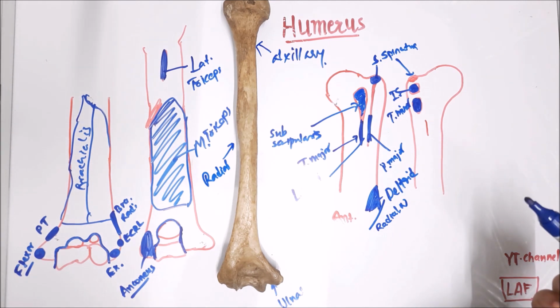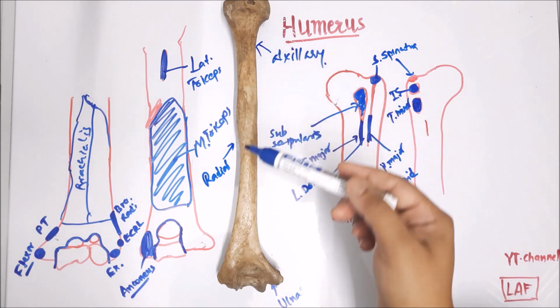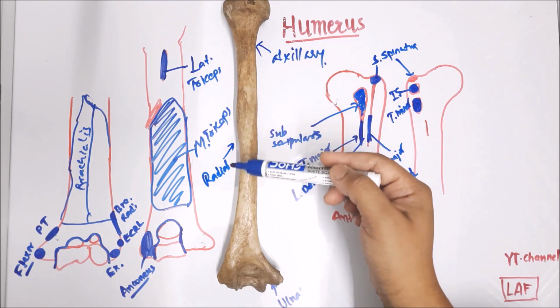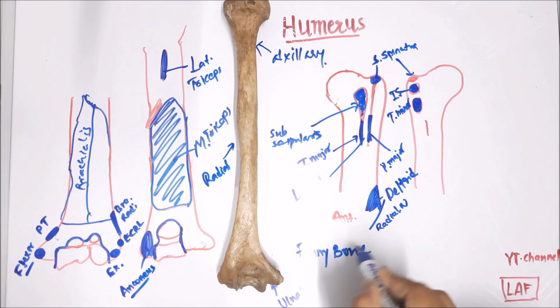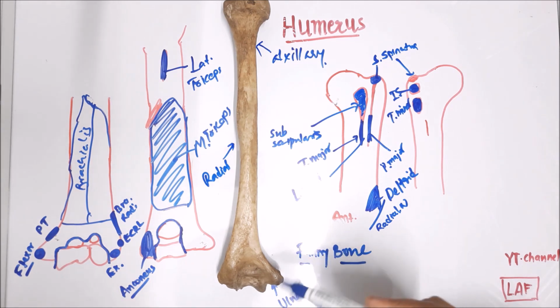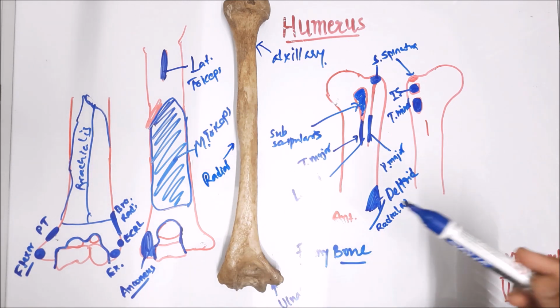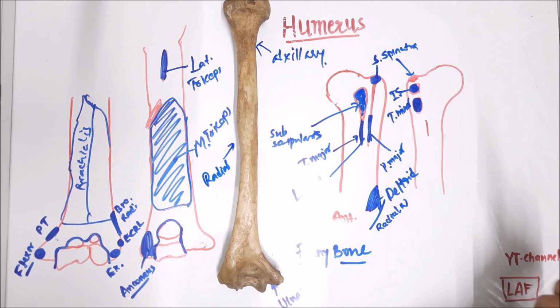So three nerves are related with the humerus: axillary around the surgical neck, radial nerve within the radial groove, and the ulnar nerve just behind the medial epicondyle. This bone is also known as the funny bone, because any compression just behind the medial epicondyle of the humerus gives a tingling sensation around the elbow joint, and because of that this bone is also known as the funny bone.